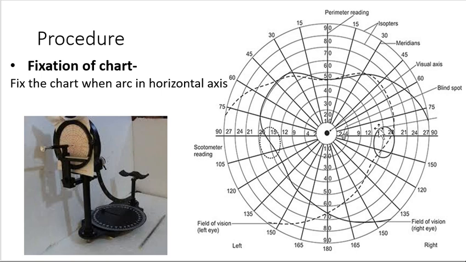And you can see there is a circle here, showing that one eye's visual field will be here, and the other eye's visual field will be this one. And you can see a very small circle here, which corresponds to the normal blind spot. This is the normal chart showing the normal field of vision and normal blind spot.